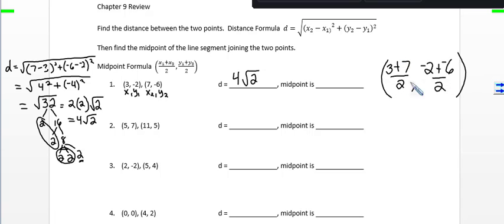This is the x value, this is the y value. It is a coordinate, so if you don't show me that it's a coordinate, I'm taking points off. Make sure that you show me. 3 plus 7 is 10, divided by 2 is 5. And negative 2 and a negative 6 is negative 8, divided by 2 is a negative 4. So that's your number 1.